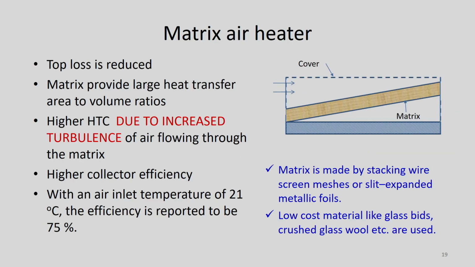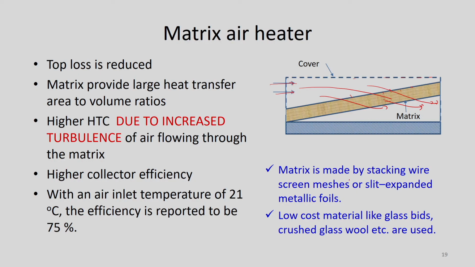Now, let us discuss first the matrix air heater. Okay. So, as you can see, its configuration is totally different from the conventional solar air heater. Here it is a cover. This is not a glass cover, but it is transparent. The solar radiation directly falls on this matrix absorber and air goes across this matrix. So, what is the matrix here?